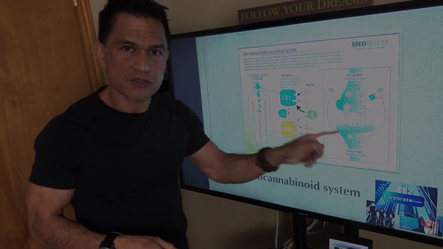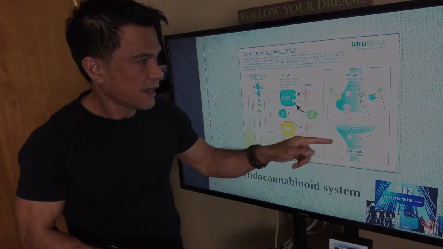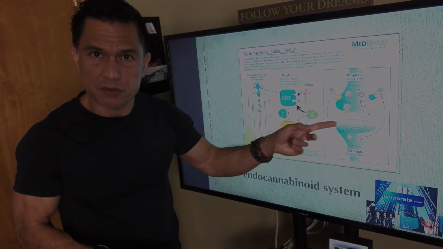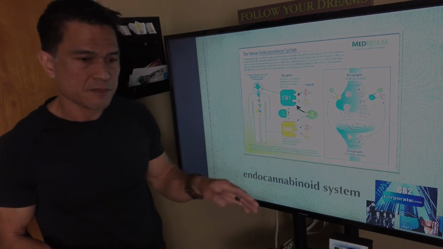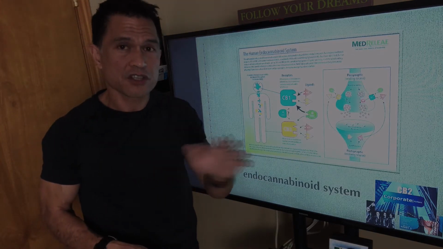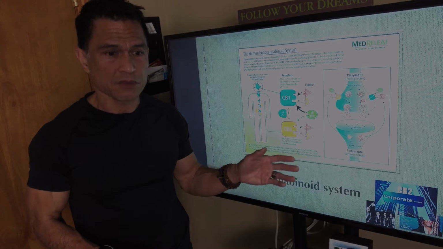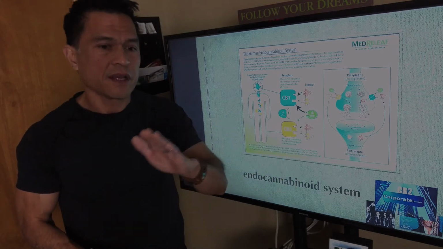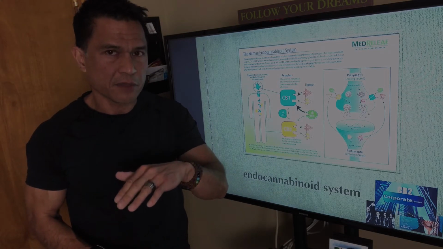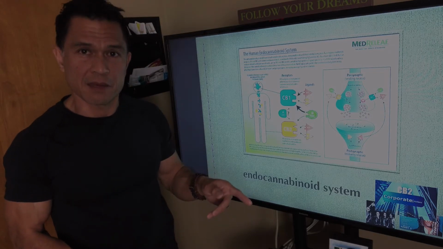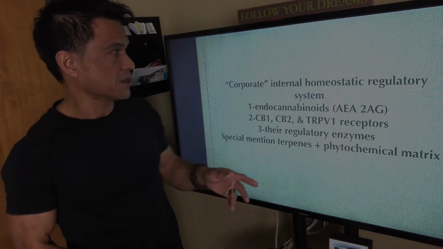Well, each of those nerve endings, the synapse, has a specific receptor, CB1, CB2. Again, science has shown, data has shown that you have these receptors for exogenous or phytocannabinoids or endogenous cannabinoids. That's what the interesting part is.